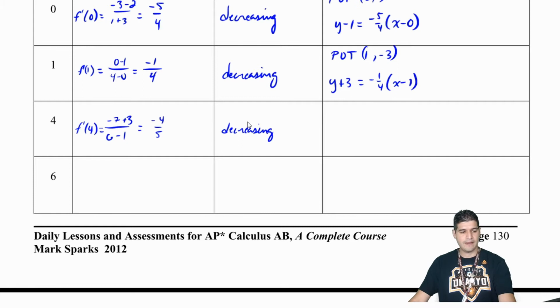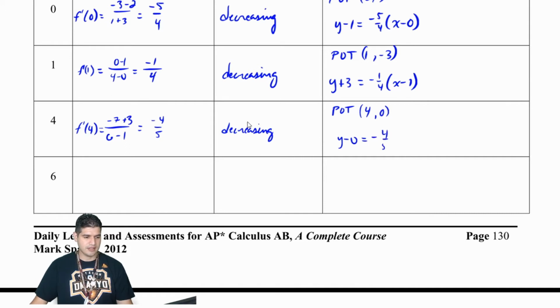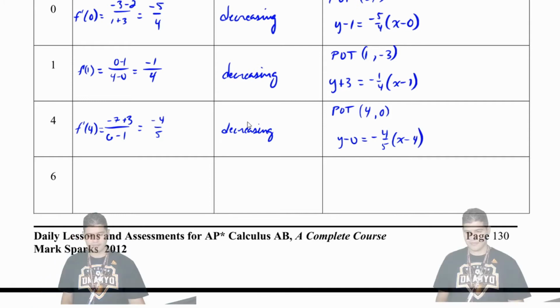My point of tangency is going to be x equal to 4 and y equal to 0, again just grabbing that value from my table. And so when I write this out, it's going to be y minus 0 equals -4/5 times x minus 4. Just like that.